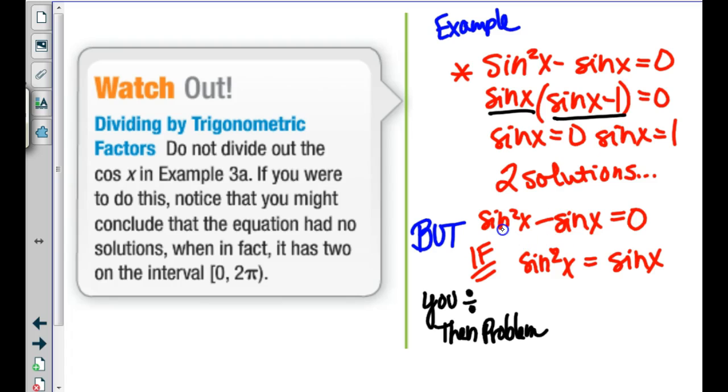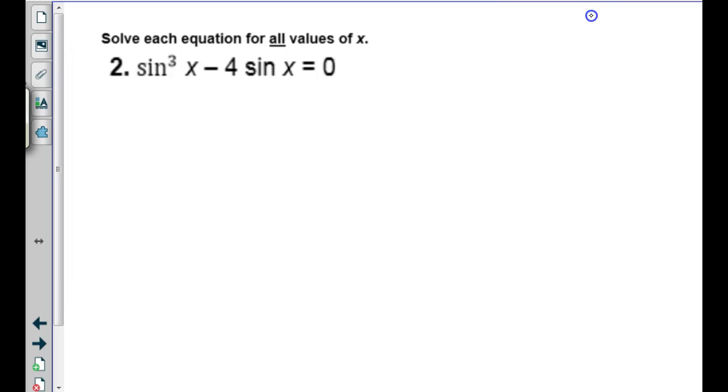But if you decided to move the sine x over to the other side and divide by sine x, you would get sine x equals 1, and you would lose 2 of the 3 solutions here. So just don't ever divide by an x, and you'll be good.